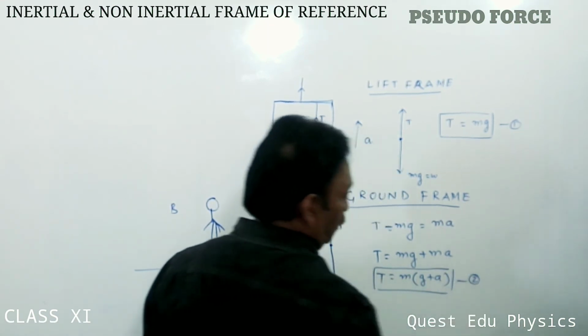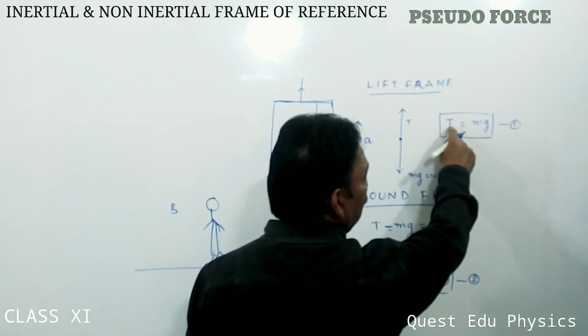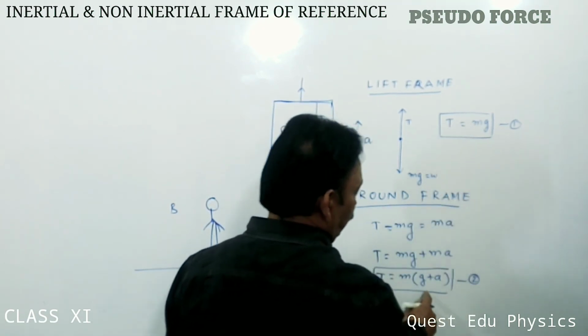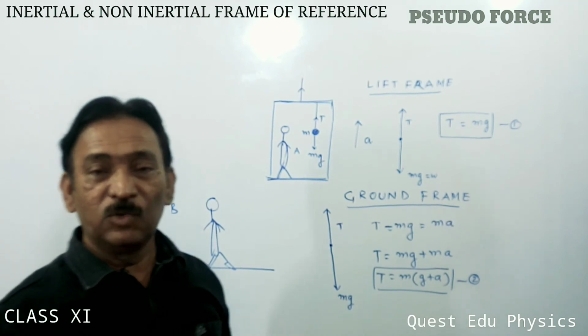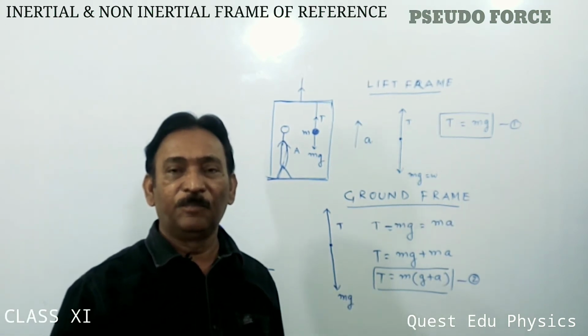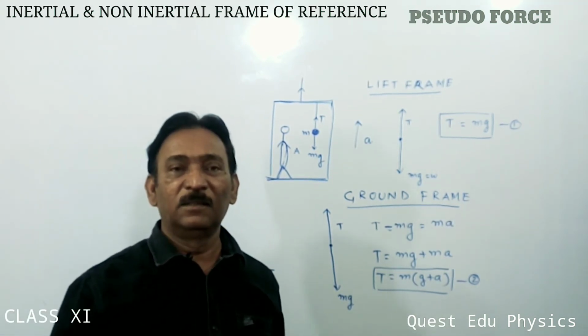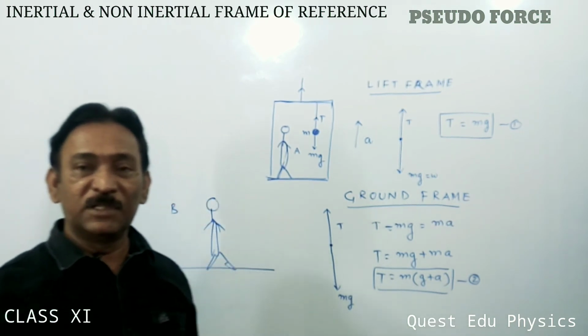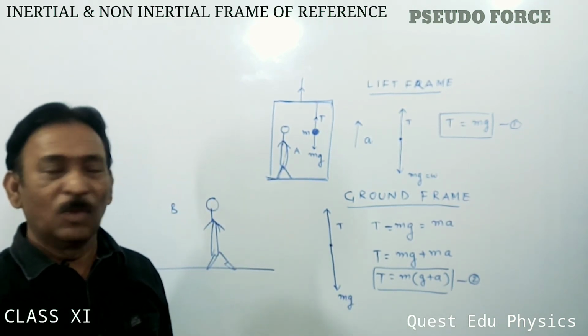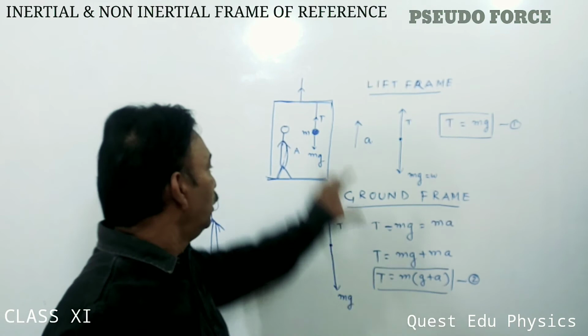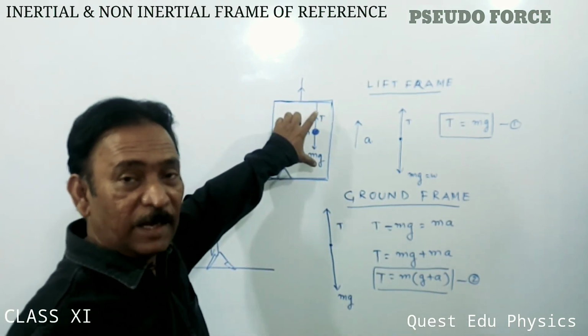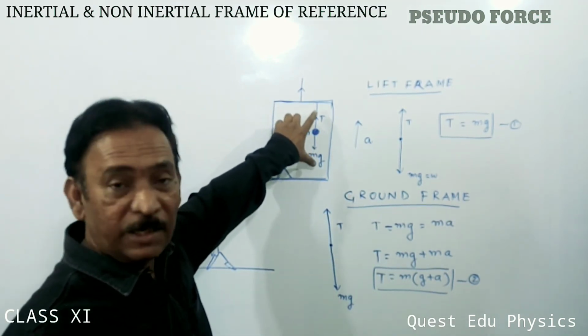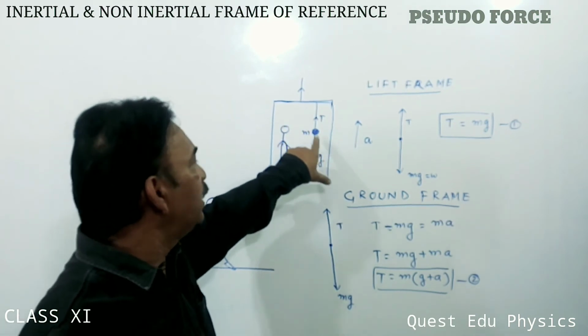For the same event, we got two results. One is T is equal to mg and second is T is equal to m of g plus a. Let's decide which one is right and which is wrong. Both appear to be right. If you take it as the accelerated frame, the result is right.